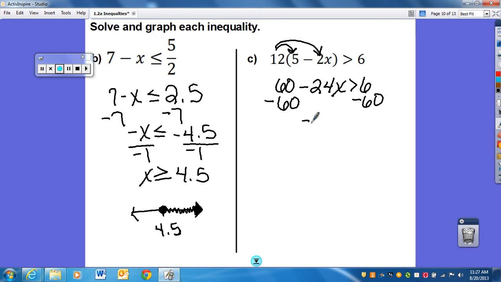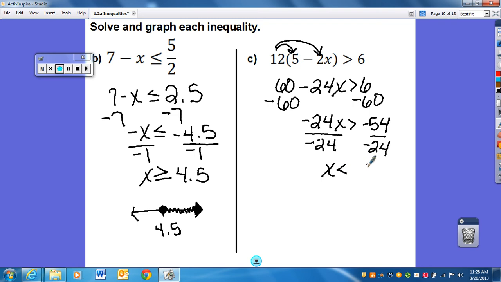My remaining values will be negative 24x is greater than negative 54. And I'm going to divide both sides by negative 24. Now, I divided by a negative, so I need to reverse my inequality symbol.